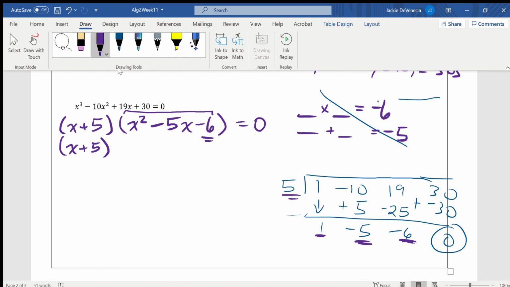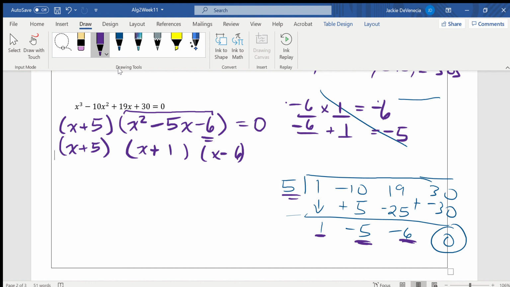So what I'm actually going to use is -6 and +1. -6 times 1 gives you -6. So that's how I'm going to break this down even further: x plus 1, and then x minus 6.